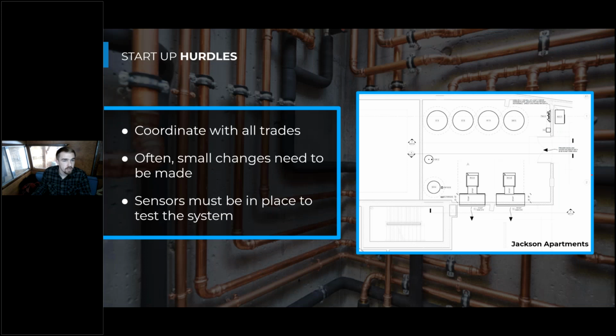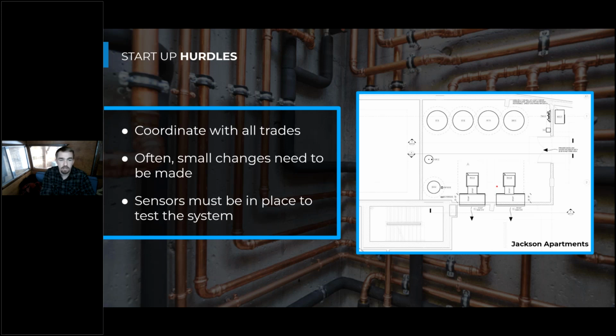And then to avoid some startup hurdles, you want to make sure that you have really open communication between all the different trades, because heat pumps are in this kind of weird realm where they have the plumbing contractors typically buying the unit, but they also need to coordinate with the mechanical contractor because they're handling large volumes of air, as well as high voltage electricians because they're powered with 208 or 230 or 460 volt power, as well as low voltage because they need to wire all the sensors to the tanks and things like that.